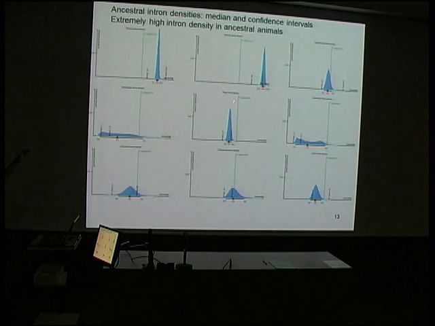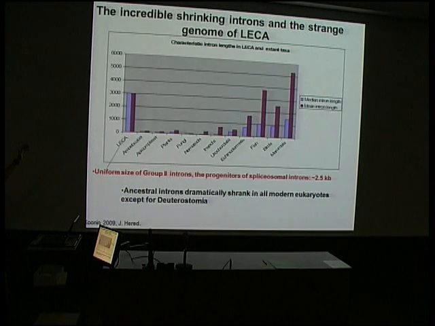It shows that at the base of the animal evolution, there was even an addition of introns, apparently, and a very intron-rich stage. So these reconstructions suggest something rather incredible about the genome of the last eukaryotic common ancestor.